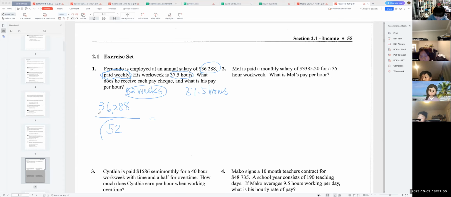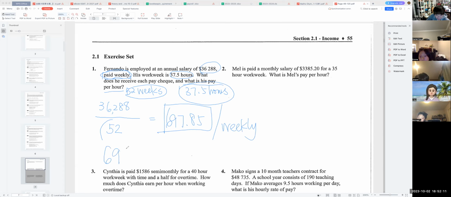36288 divided by 52 equals 697.85. But everybody think about it. 他说 what is his pay per hour? 这个是什么 weekly. 那每一个 week 呢，他工作37.5个小时 right?